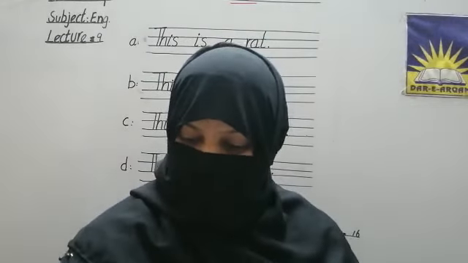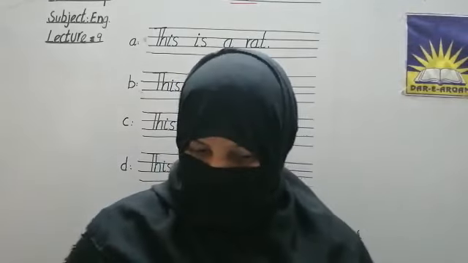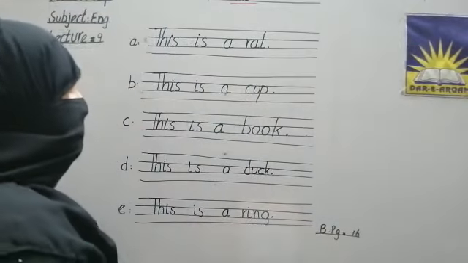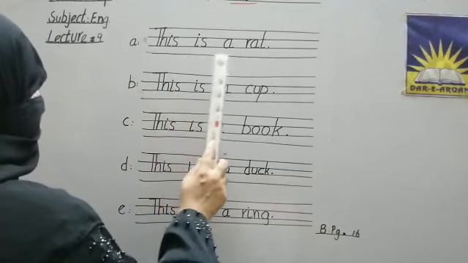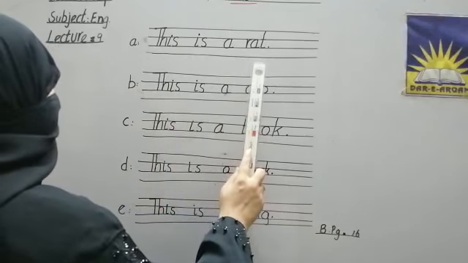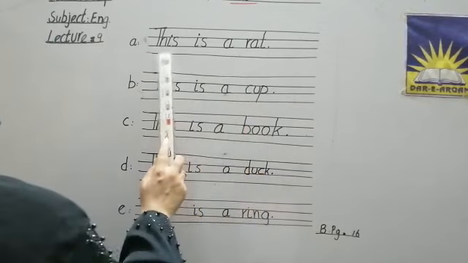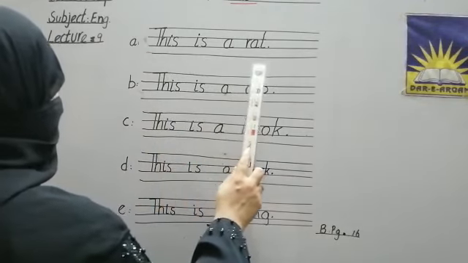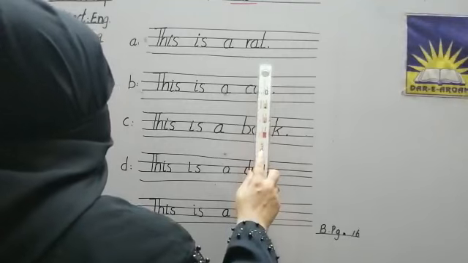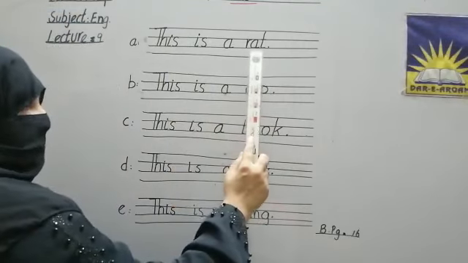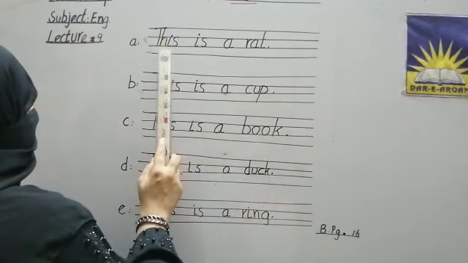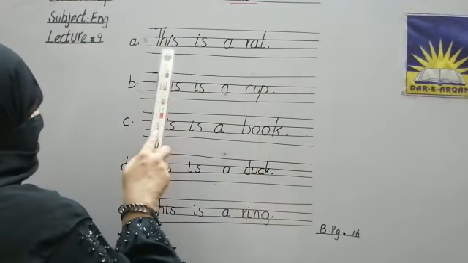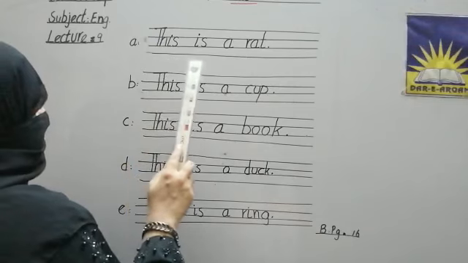Let's start reading, students. Are you ready? Okay, good. This is a rat. Rat is singular, so that's why we use here this.